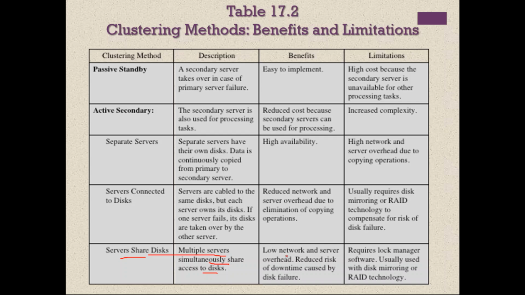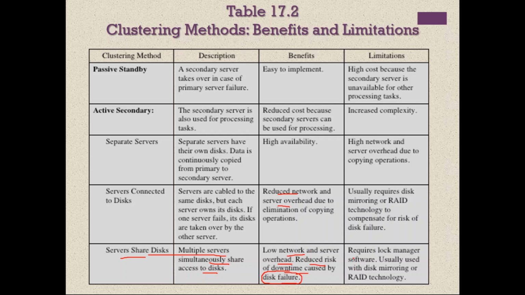So the benefit is very low network and server overhead, and also reduced risk of downtime caused by disk failure. The probability of downtime due to disk failure is very, very low.